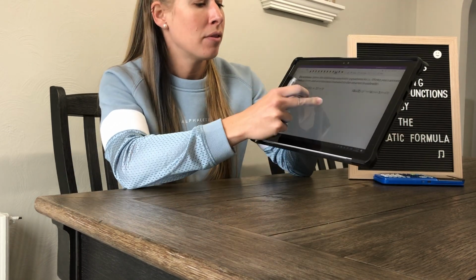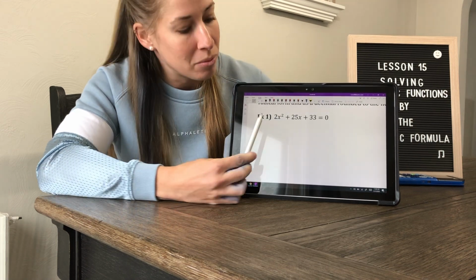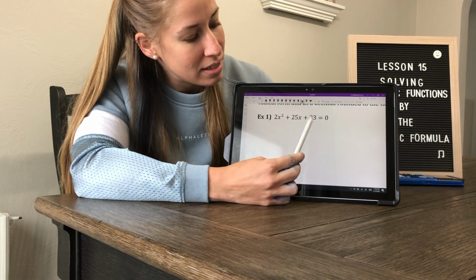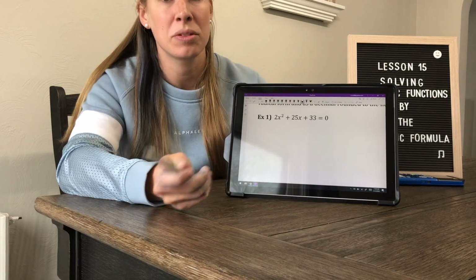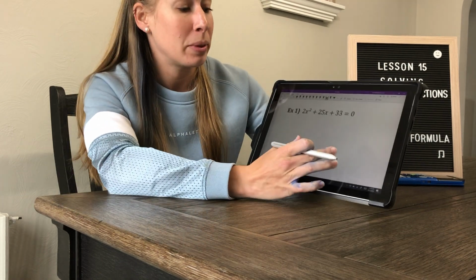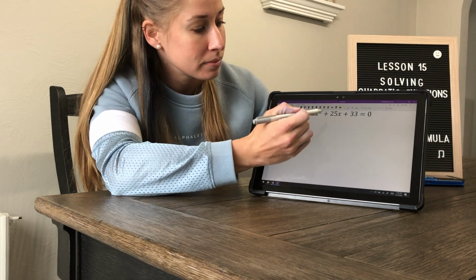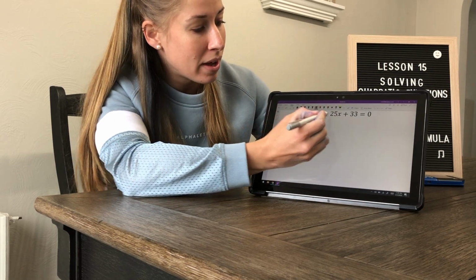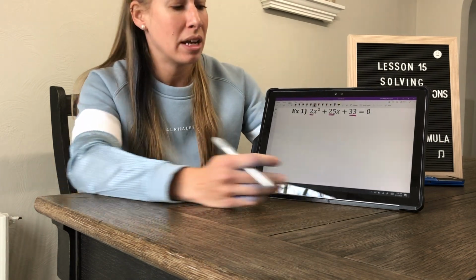All right, so first of all, you need to make sure that your equation is in standard form with an a, b, and a c. So ax squared plus bx plus c. This one is. So now we can actually just plug the a value, which is the 2, the b value, which is 25, and the c value, which is 33, into that quadratic equation.